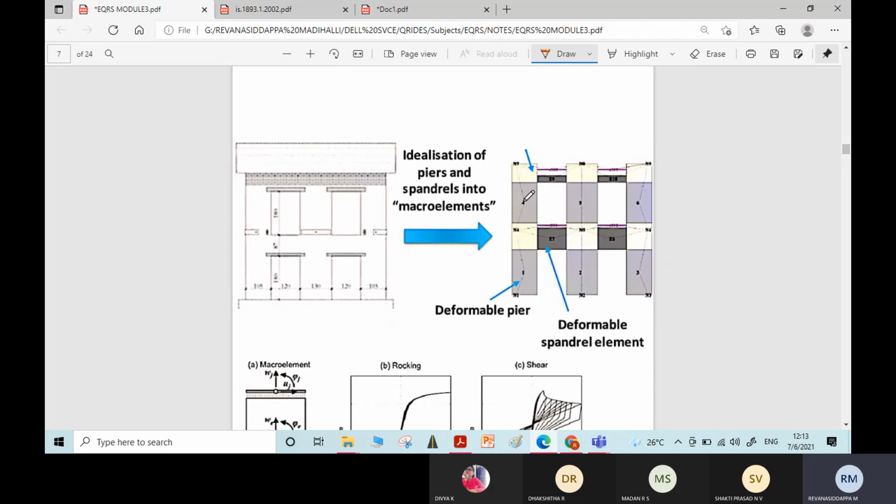The vertical components are assumed as piers or struts, and the horizontal components are assumed as deep beams or spandrels.